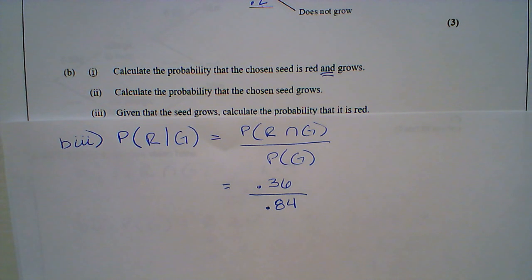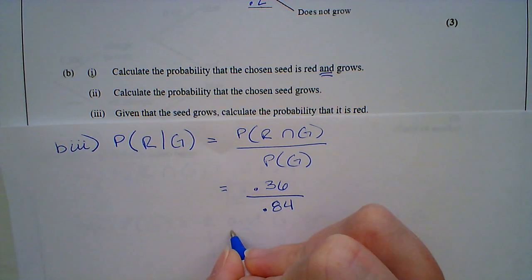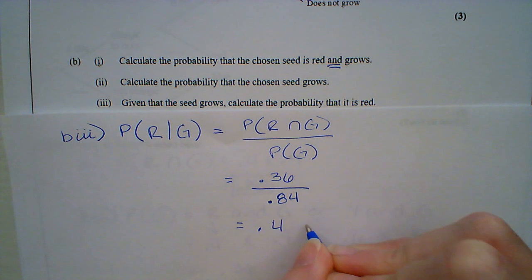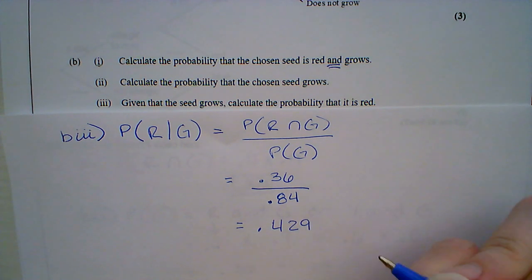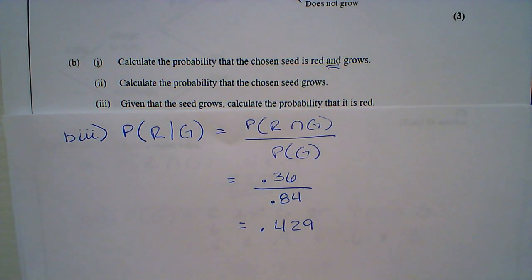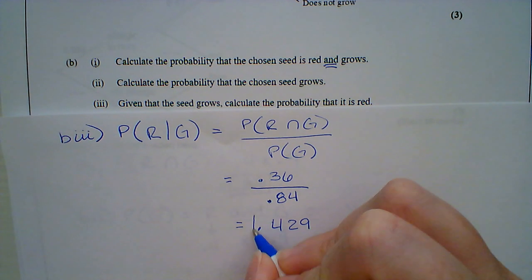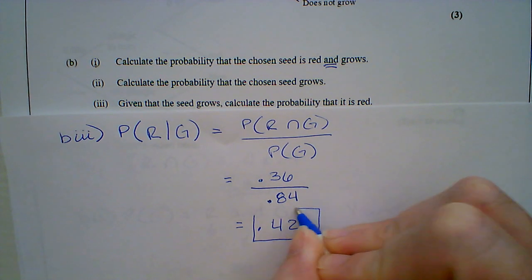Work smarter, not harder. All right, so this is going to give me 0.429. Now, if you actually do this on the calculator, it's 0.428571442, whatever. Rounding to 3 sig figs, being really careful with that.